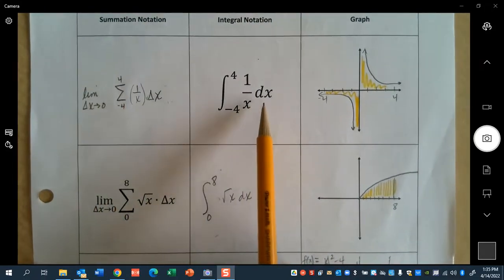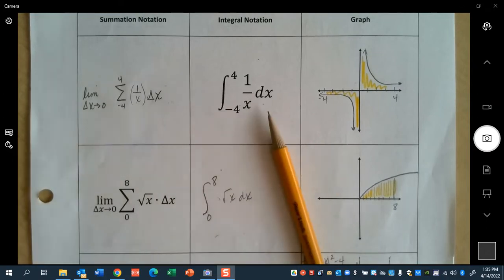When I use my integral notation, the change in x goes from delta x to the d of x, where the change in x gets so small. And we note that really tiny width of my rectangle with that d. This change is as this change in x approaches 0.